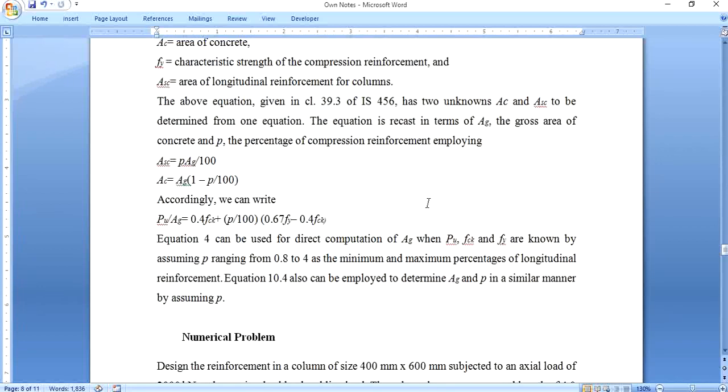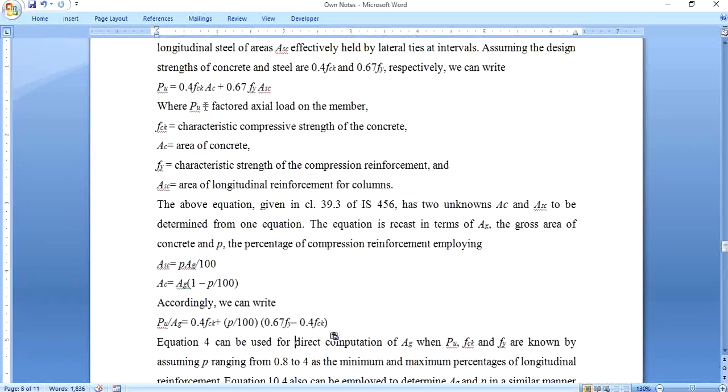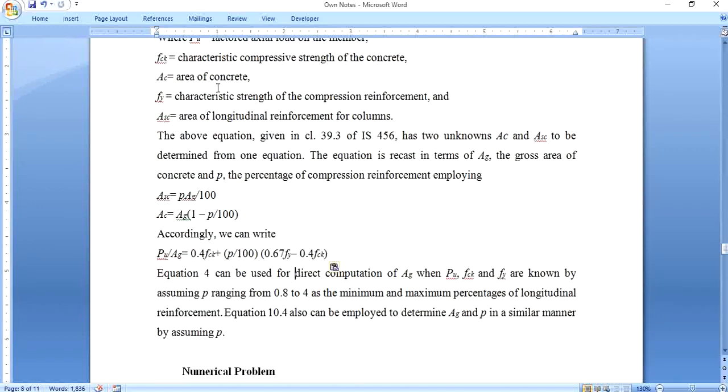Sorry, I forgot to put a bracket over here. So this equation, shown over here, is used to find the cross sectional area. Either we can solve by assuming the area of concrete, that is breadth and depth, or else we can solve it in this manner using this equation.